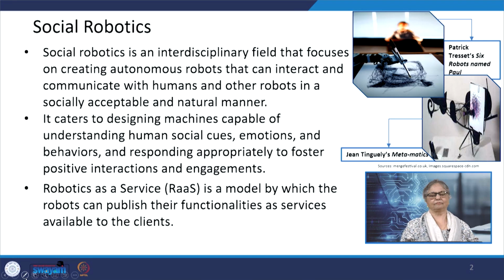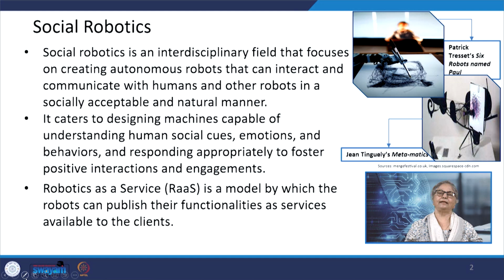Social robotics is an interdisciplinary field which focuses on creating autonomous robots that can interact and also communicate with humans as well as with other robots in a socially acceptable and natural looking manner.